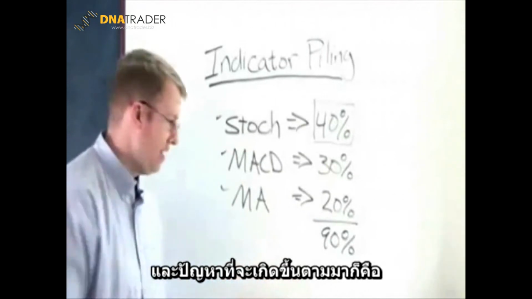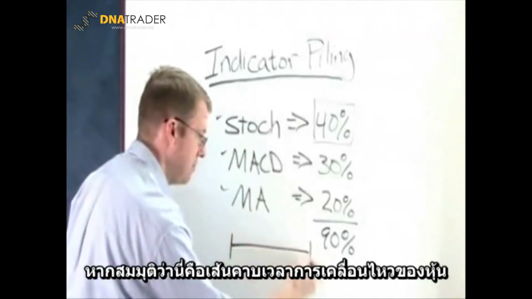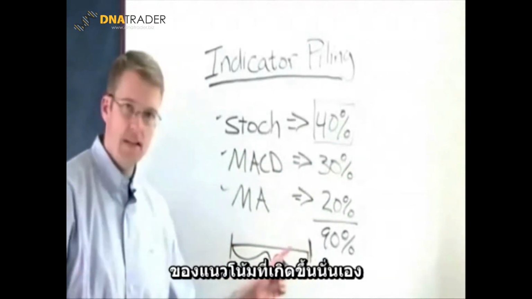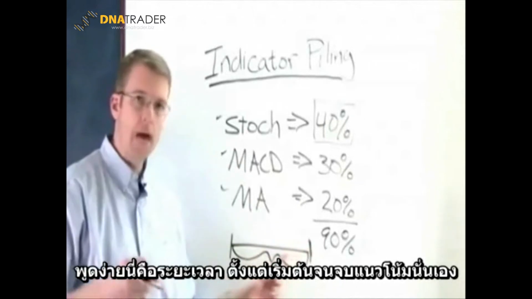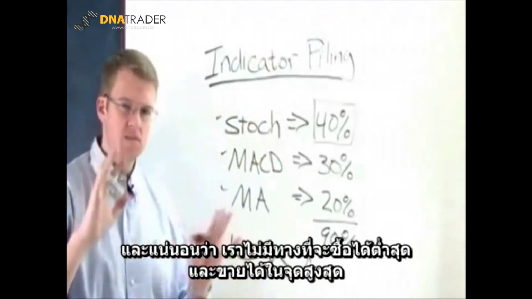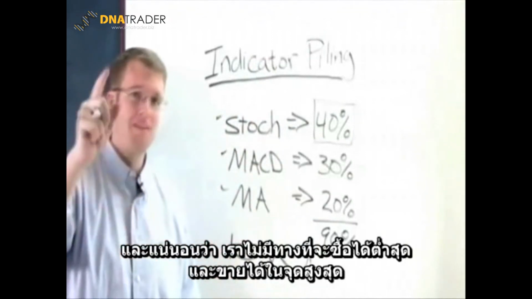Well, here's the problem with that. If this was your normal trading time frame, so this is the total top to bottom in this particular trend. Okay, so we'll assume this is top to bottom in the trend. This encapsulates the max trend, top to bottom. Now, we never get from the absolute bottom to the absolute top.